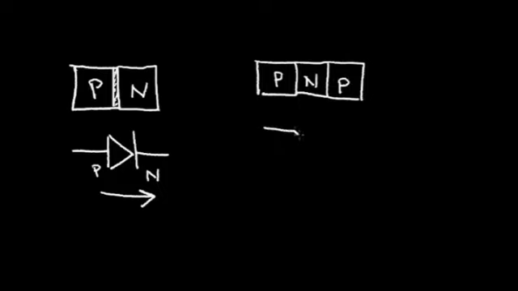That's a PNP type transistor, and this is the symbol for it. This is called the emitter, base, collector, and this part of the P region would be the emitter, this part would be the base, and this would be the collector.